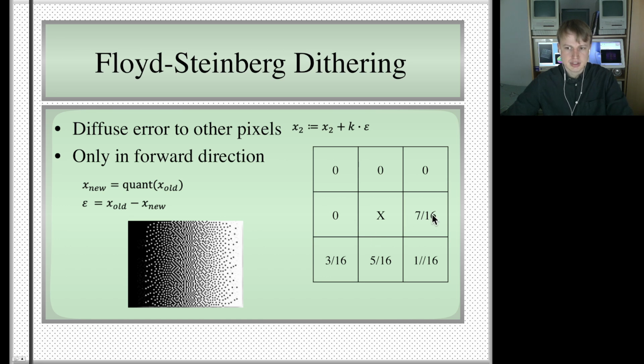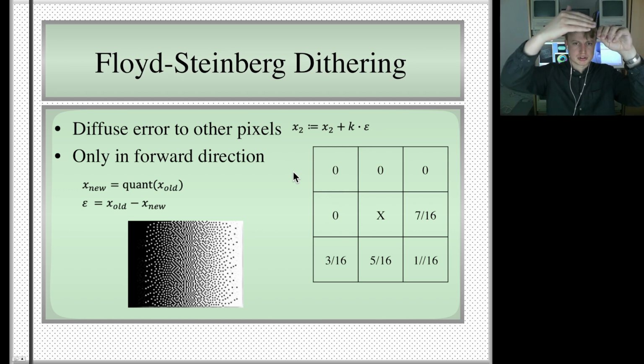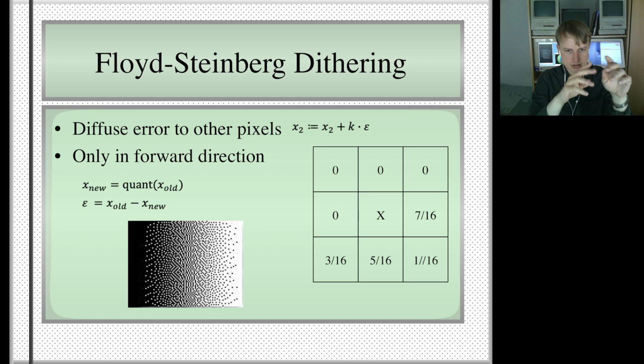And then to this one, which is on the right, we take 7/16 of the error and add it to this one, and then to these go 3, 5, and 1. And then we move to another pixel, and we do the quantization, and we again distribute the errors around. And here it's important that these are 0, so we only distribute the error to those pixels below and to the one which is next in the line.